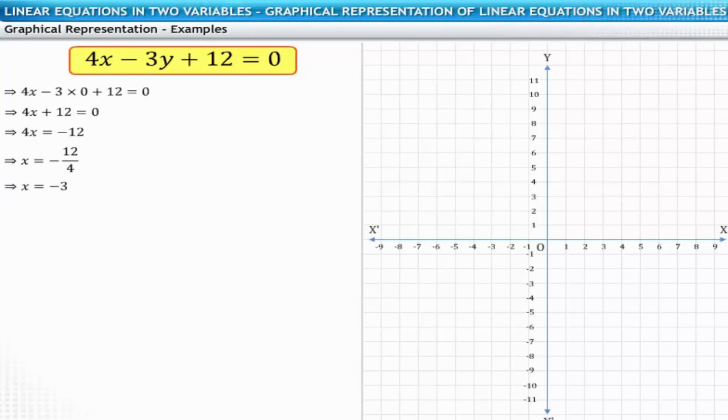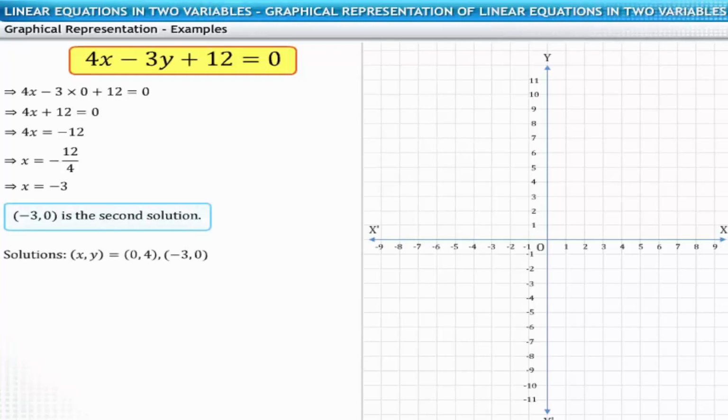The value of x thus obtained is minus 3. We can write the solution as minus 3, 0. So, we have two ordered pairs as the solutions for the linear equation.